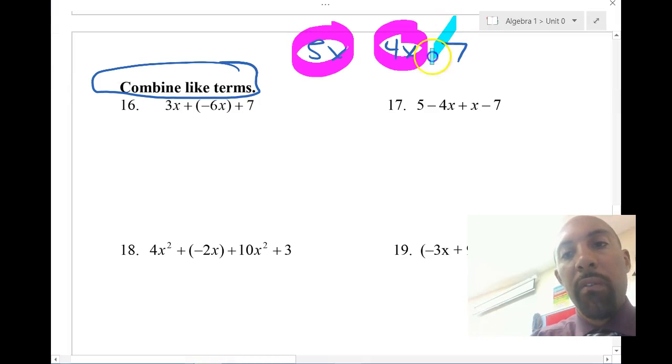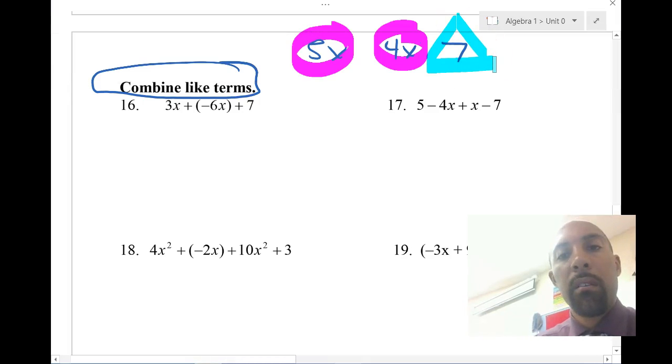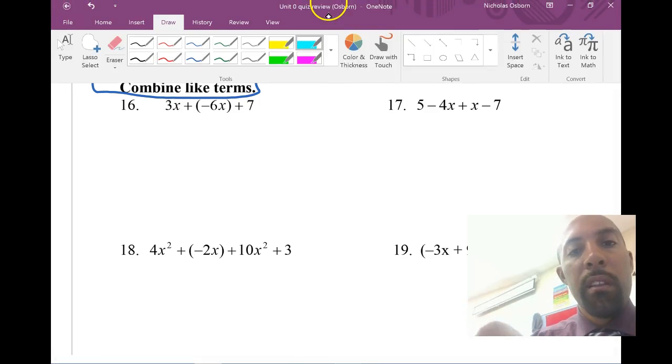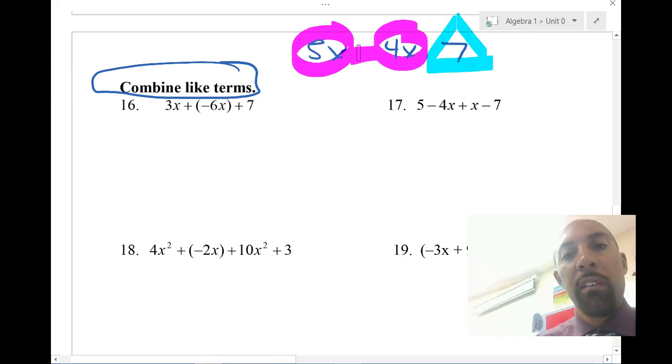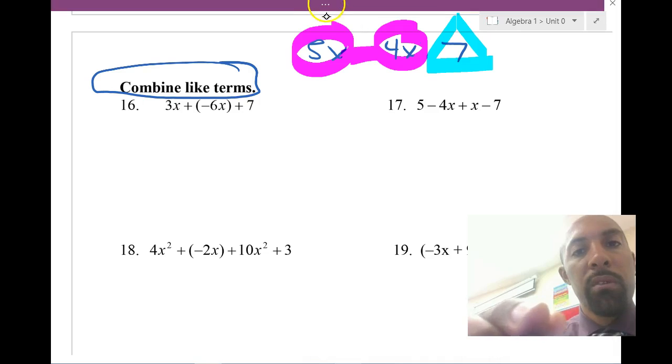So that will get a different color and a different shape. And then what I can do is put these two together. So that's what we're doing here.